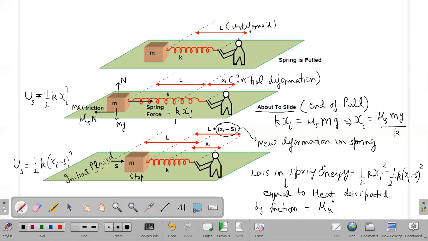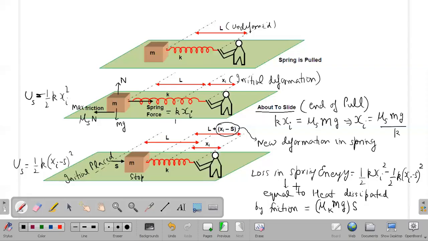So mu k multiplied by mg is the friction force during the sliding of the block, and this multiplied by the displacement capital S is the magnitude of the heat dissipated by the friction force. And the loss of energy is denoted by half k into initial deformation square minus half k times the remaining deformation in the spring after the block has moved by a distance of capital S.